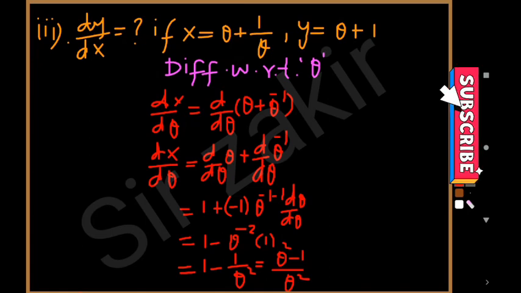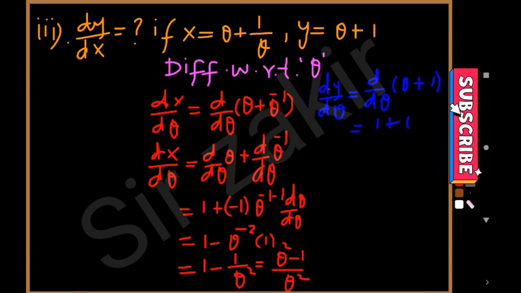Next, if we differentiate y, so now we differentiate y, dy by d theta we have is equal to d by d theta of theta plus 1. I'm directly doing it, derivative of theta is 1, derivative of 1 is 0.